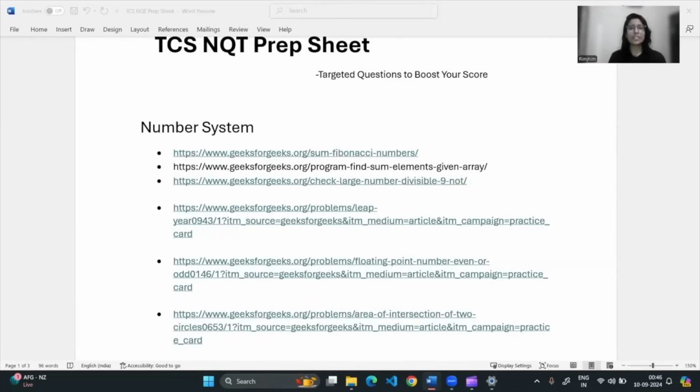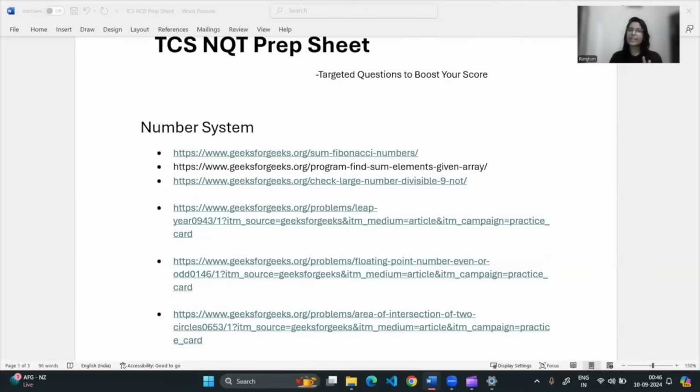If you look at the 2024 exam patterns for TCS NQT, arrays, strings and some mathematical questions are the key focus areas. Last year, they asked questions like matrix modification, where we are given a square matrix of n cross n and we have to modify the matrix in a way that all elements below the main diagonal are set to 0.